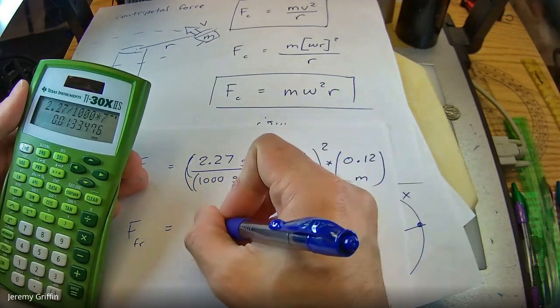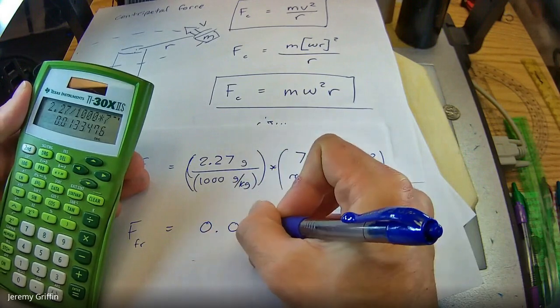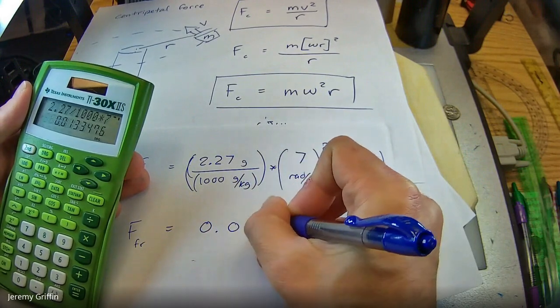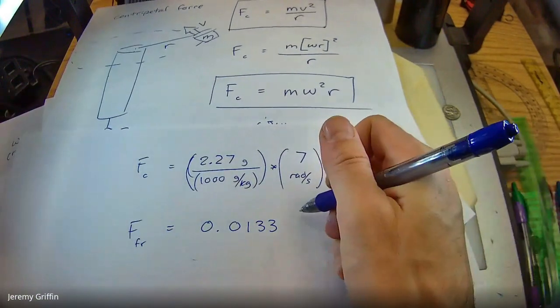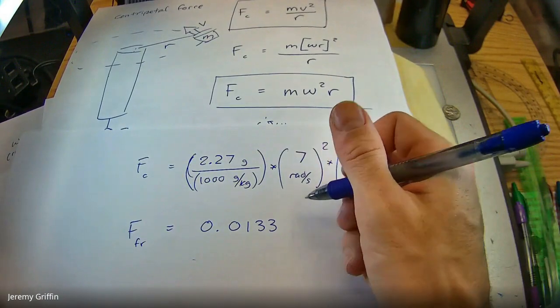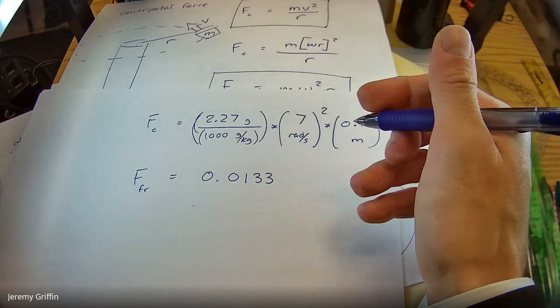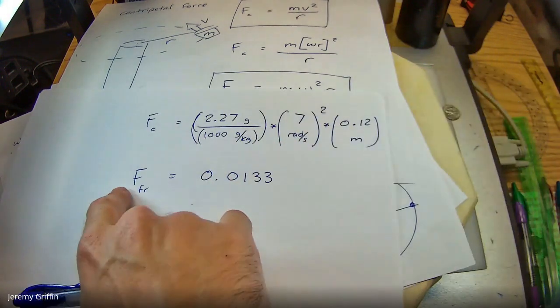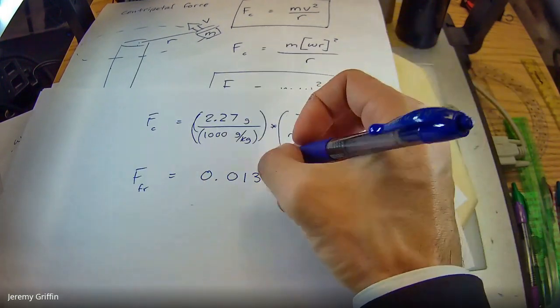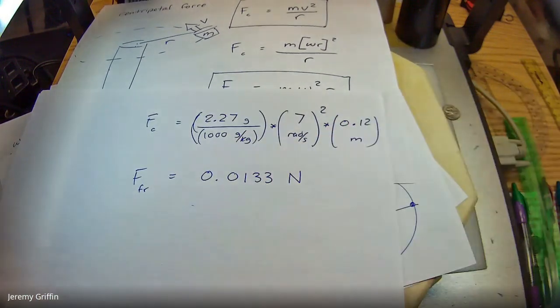0.0133. What unit is that? Kilogram, meter, second, Newton. Joules? Newtons. Yeah, Newtons. That's how you measure force. That's a really tiny force.